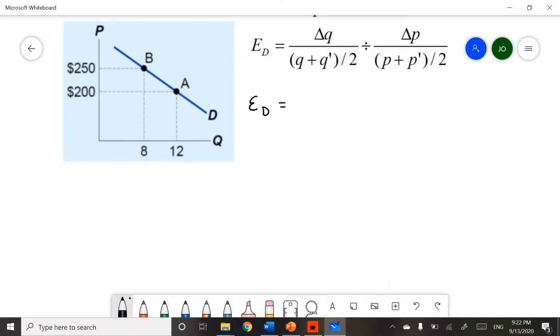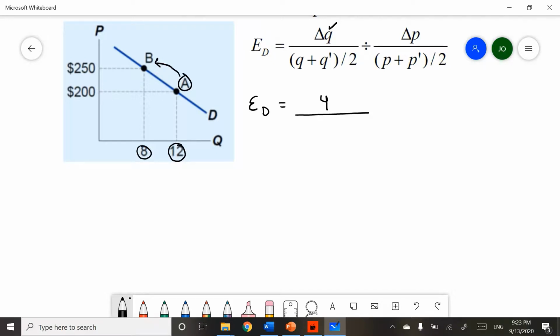For the elasticity of demand, first we need the change in quantity, shown here. So, if we're going from point A to point B, then all I have to do is subtract 12 minus 8, and that will give me a 4.